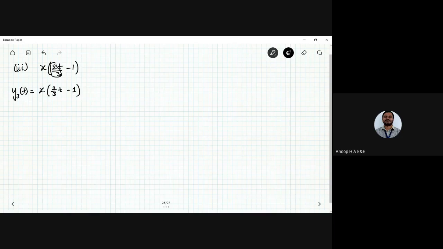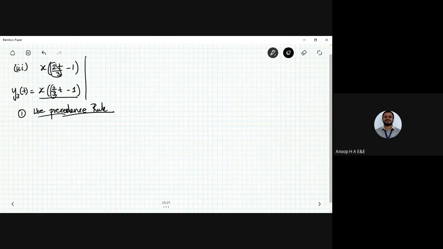Now, how do I sketch the signal? First, use the precedence rule. Always remember, use the precedence rule.